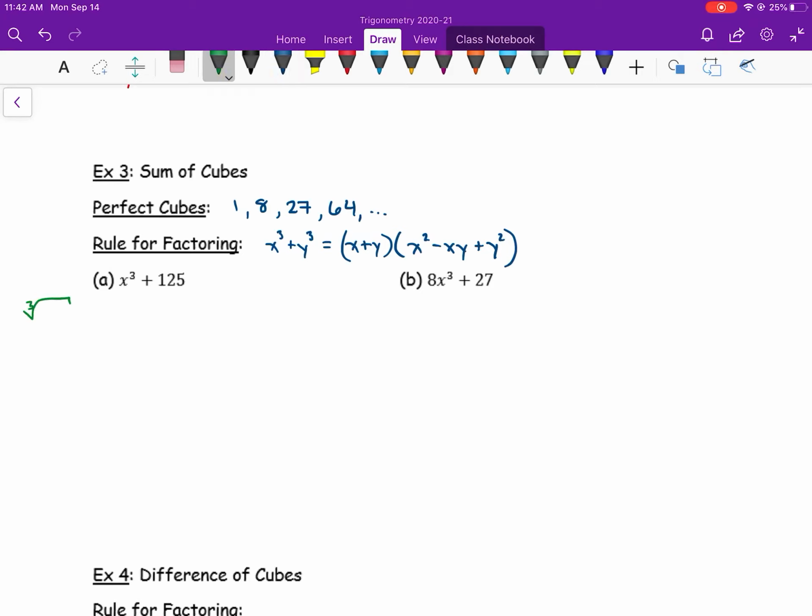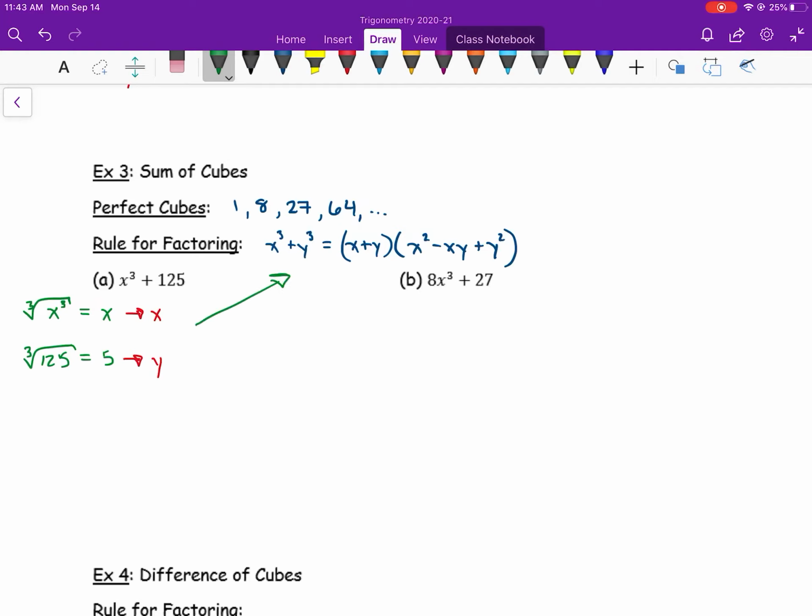I'm going to take the cube root of x cubed, and that gives me x. I'll take the cube root of 125, and that gives me 5. So x will be x, and 5 will be the y. I'll plug into this formula.